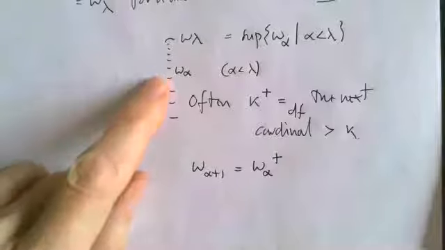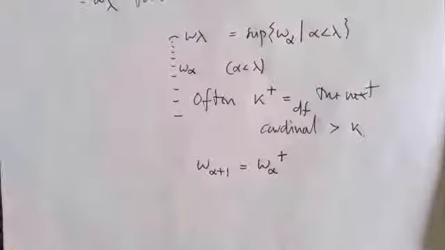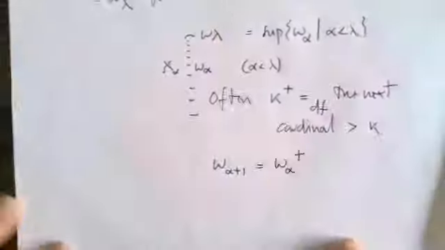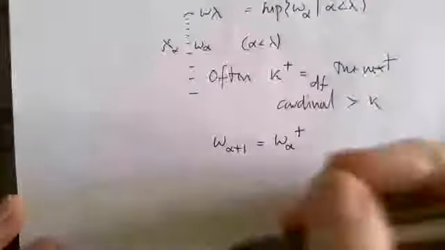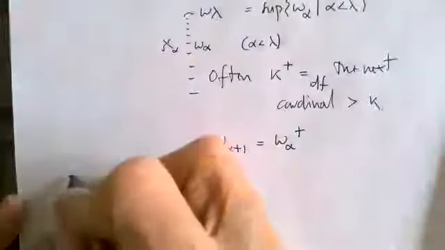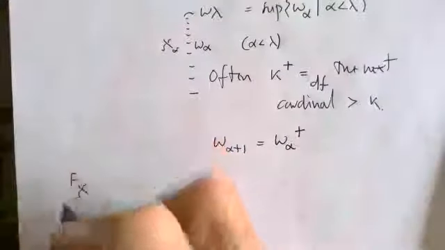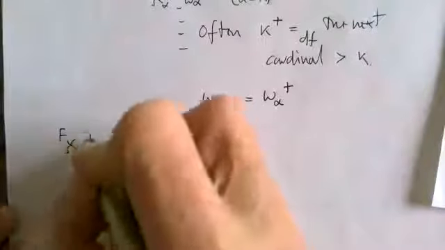So this sequence of omega alphas or aleph alphas, the transfinite recursion we've got, we think of it as being an enumerating function. This is kind of the aleph function. It goes from ordinals to cardinals.